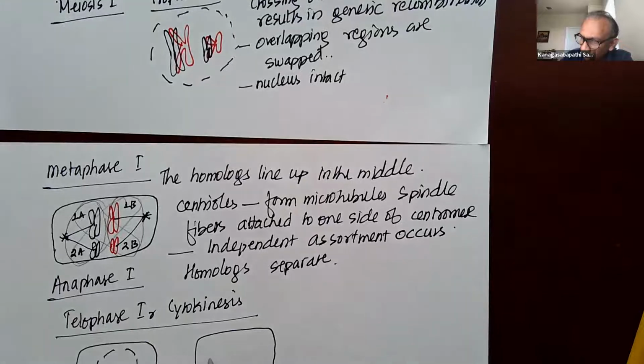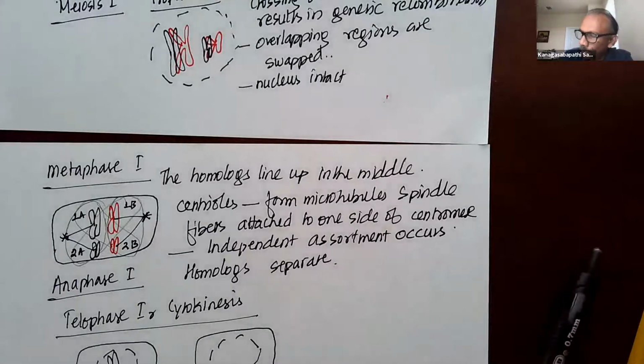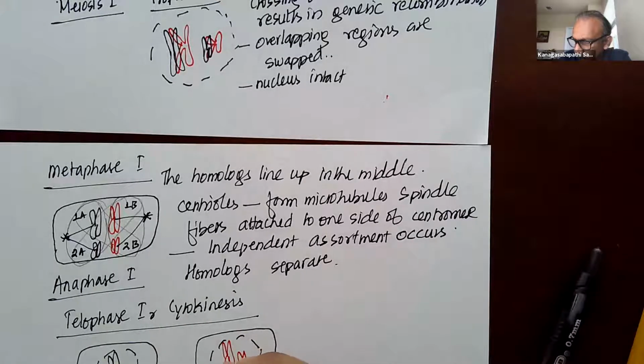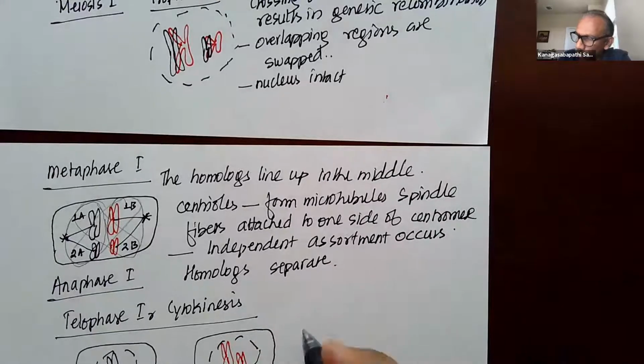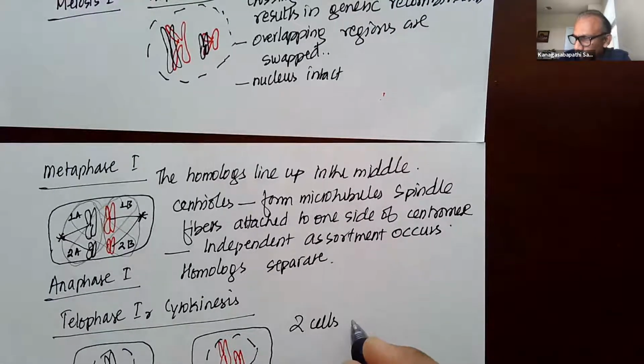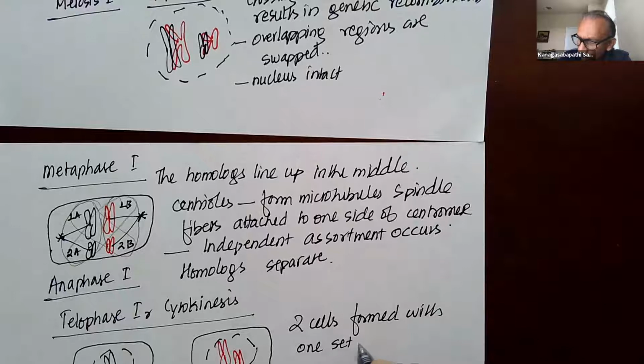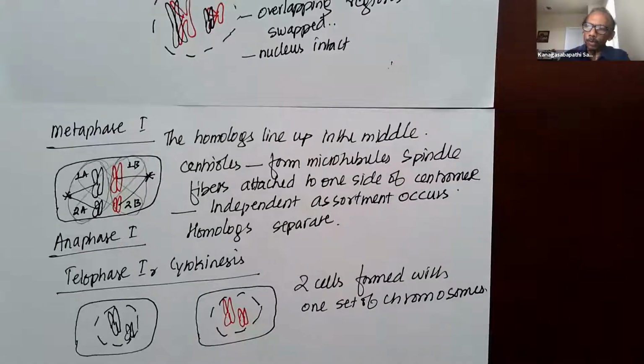Okay, so after they separate and they have either both of the same type, or they can have different possible combinations, 2 cells are formed with one set of chromosomes. Okay, they are already becoming haploid here. One set of chromosomes.